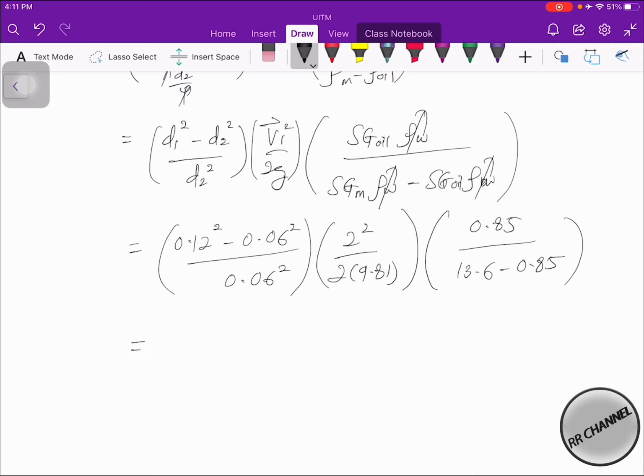So what you will get is 3 multiplied with 4, 0.2039, 0.06667.